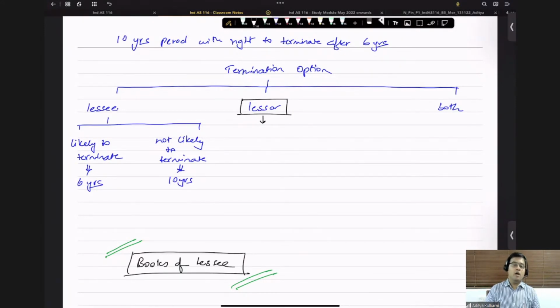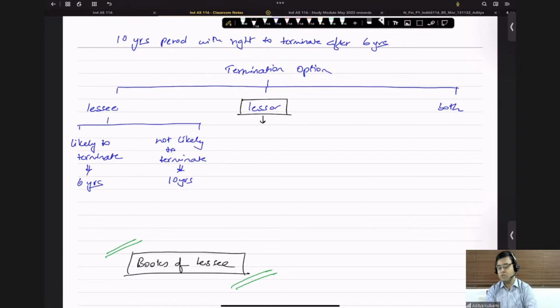So now you tell me, will you recognize the lease liability if the termination option is available with the lessor as 6 years or 10 years? Come on. Everybody said liability. That means good. You all know.